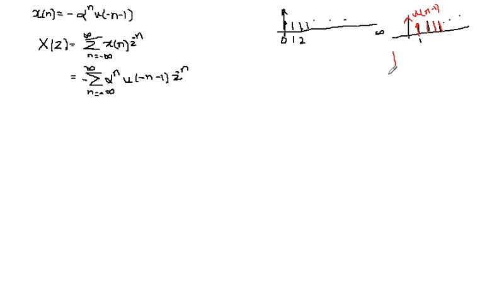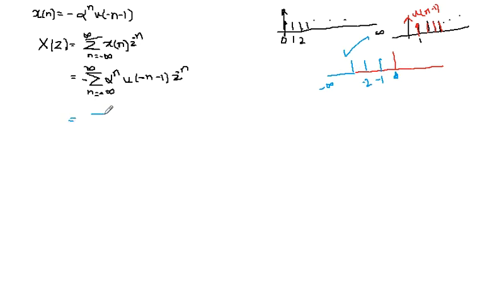So if we draw it, it will have its samples at minus 1, minus 2, minus 3 and so on up till minus infinity. The signal is running from minus 1 to minus infinity. It is not having samples at 0, 1, 2 and so on. So this is a left-handed sequence. So let's go for its solution.